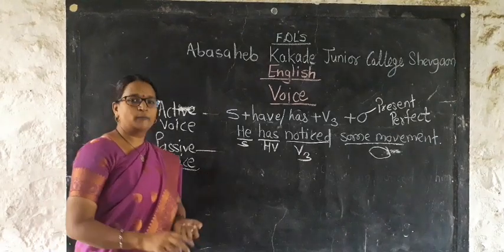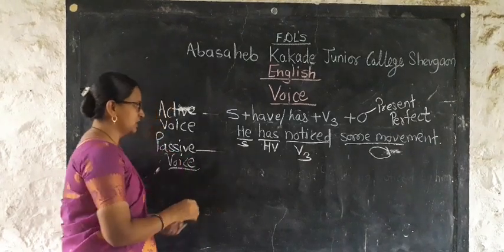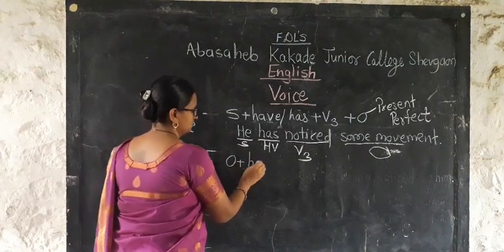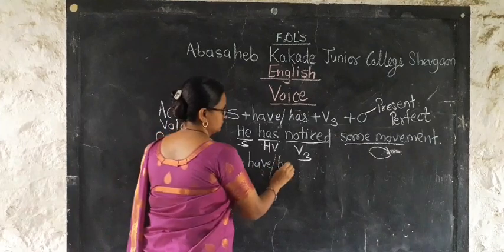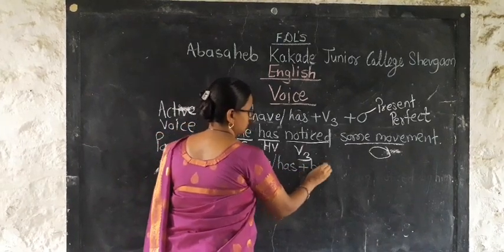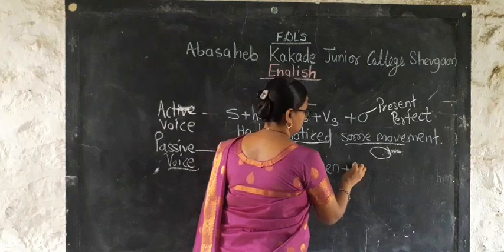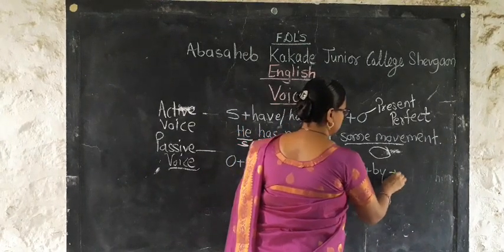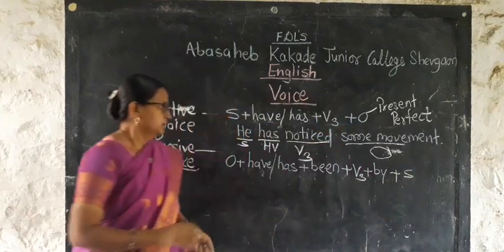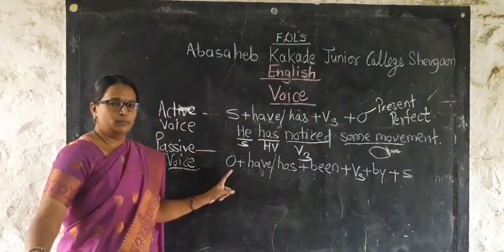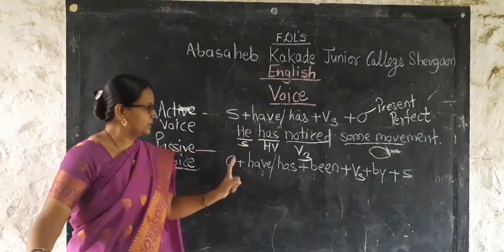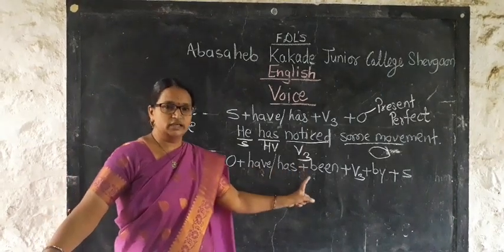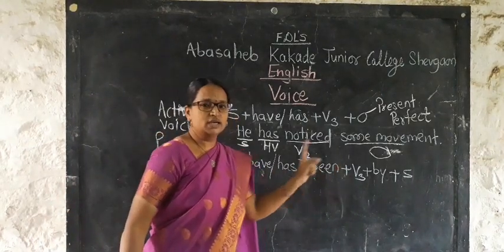Now the structure of passive voice of present perfect tense. Here structure of passive voice of present perfect tense is object plus have or has plus been plus V3 plus by plus subject.